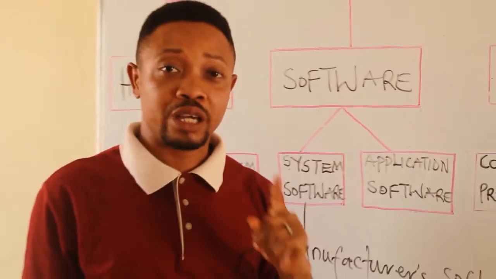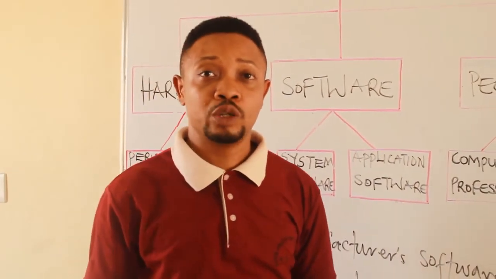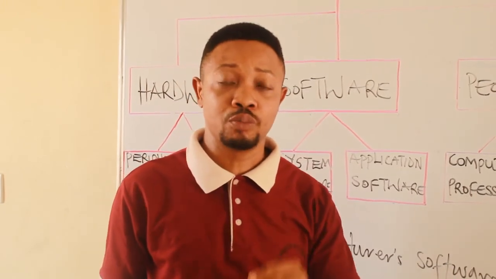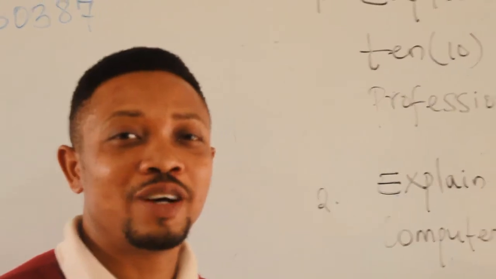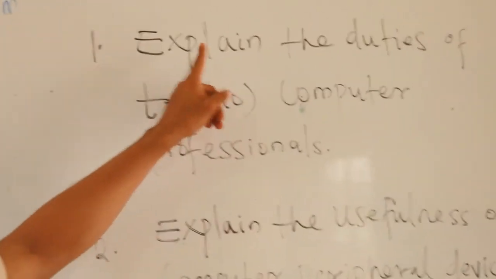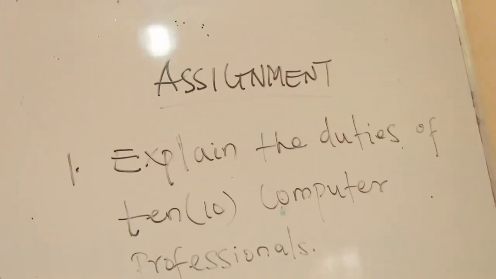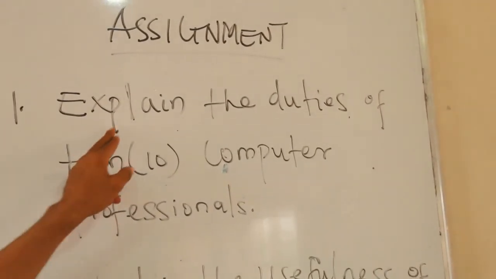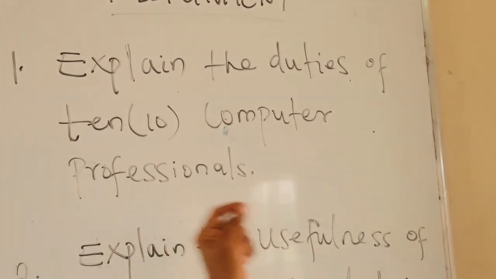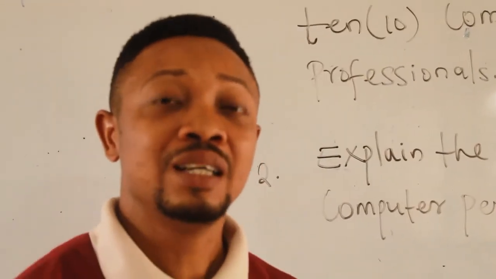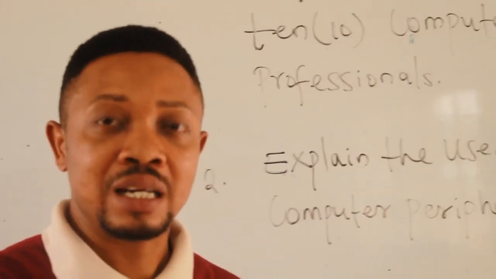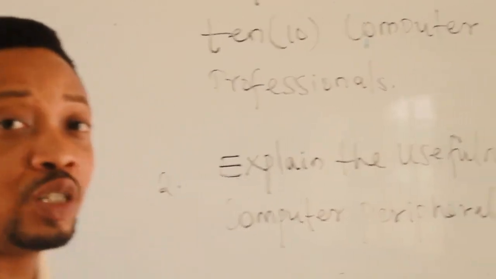Thank you very much. I'm going to give you an assignment which you are going to do and submit to me either through my WhatsApp phone number or my email address. Your assignment is here on the board. From what we have learned so far, explain the duties of 10 computer professionals. So you're going to search for 10 different computer professionals and state their duties, what they do.